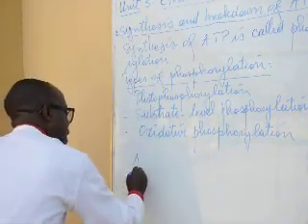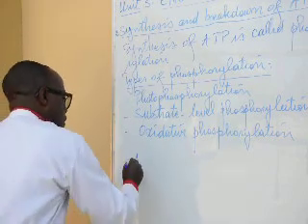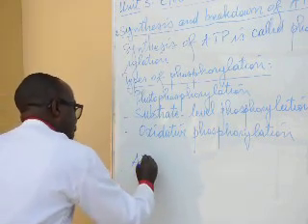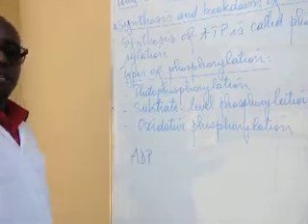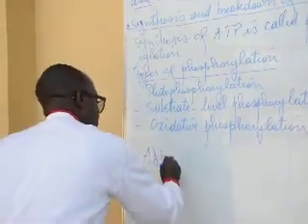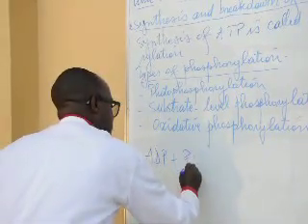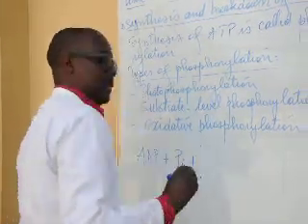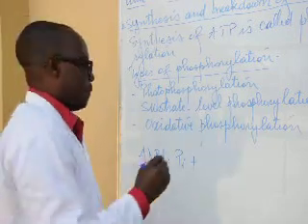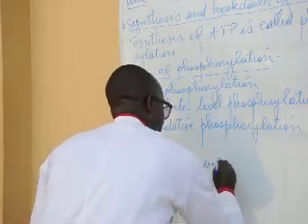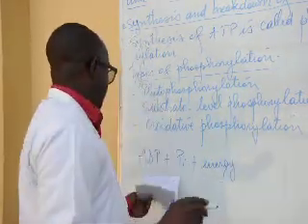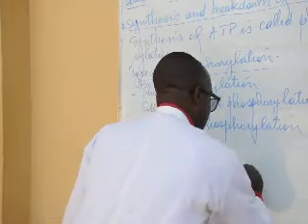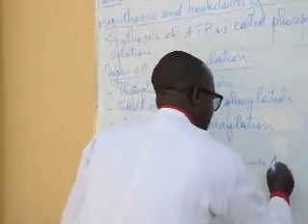Here we start with ADP, adenosine diphosphate. You add inorganic phosphate plus energy, which powers this reaction, in order to get ATP.